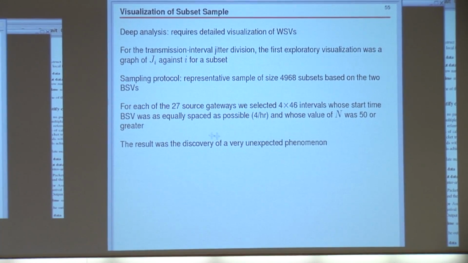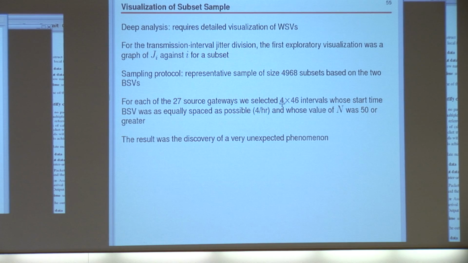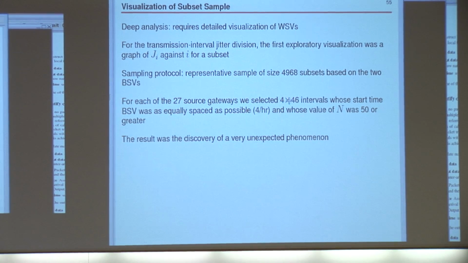So we had these intervals for each of the source gateways, each spread out every 15 minutes across time, and at least 50 values so that we get to see something.